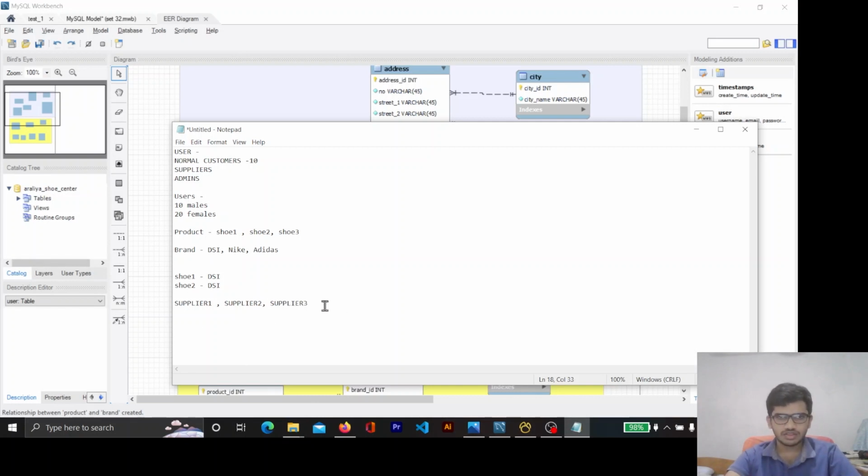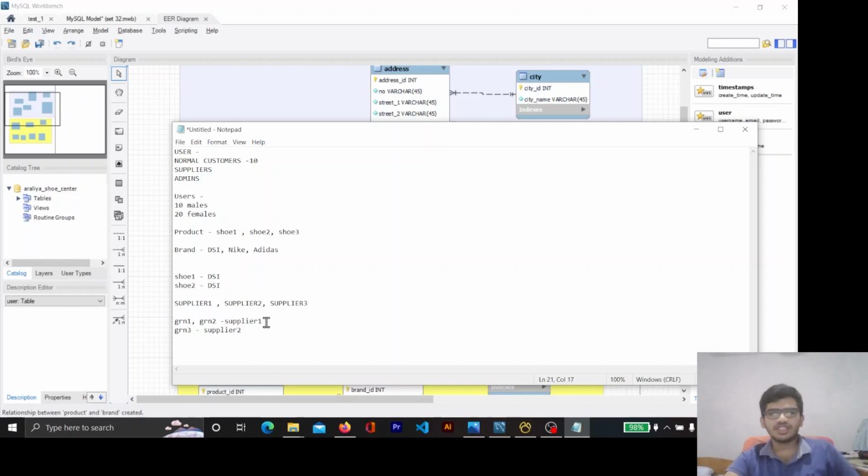Supplier 1 can have the first GRN, and supplier 1 could also have the same GRN, and this belongs to supplier 1, and GRN3 belongs to supplier 2.